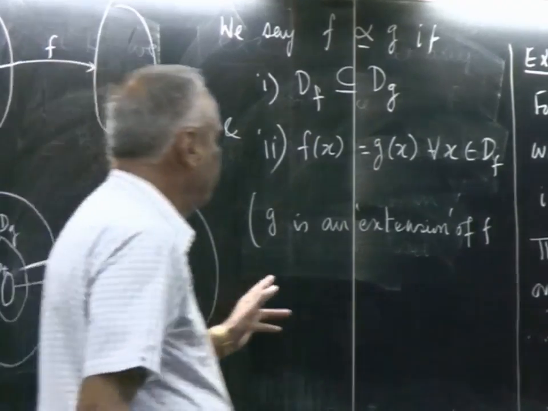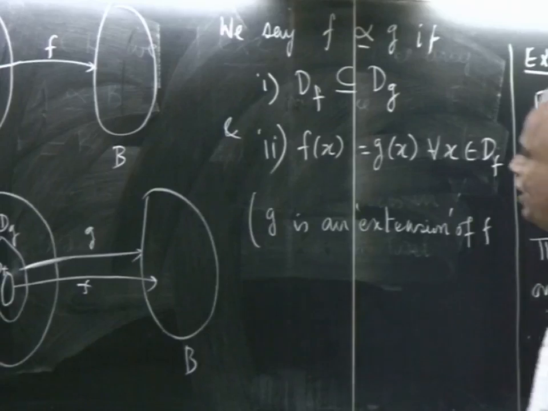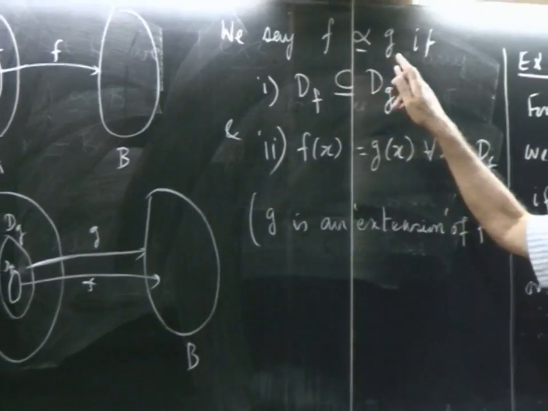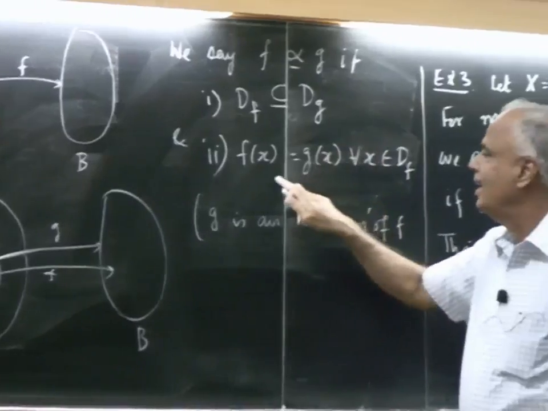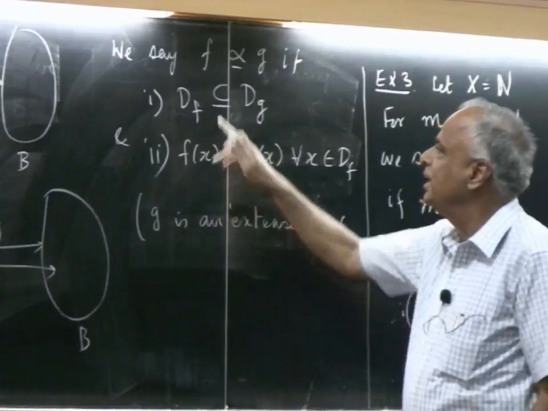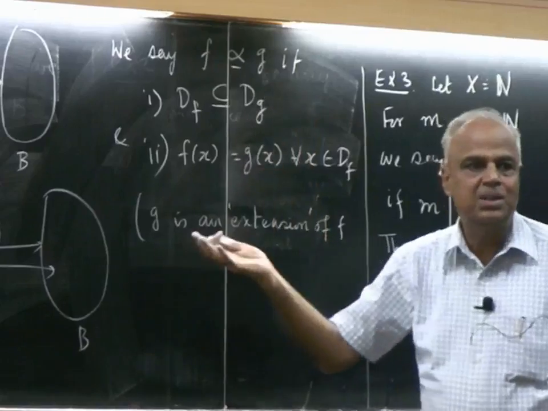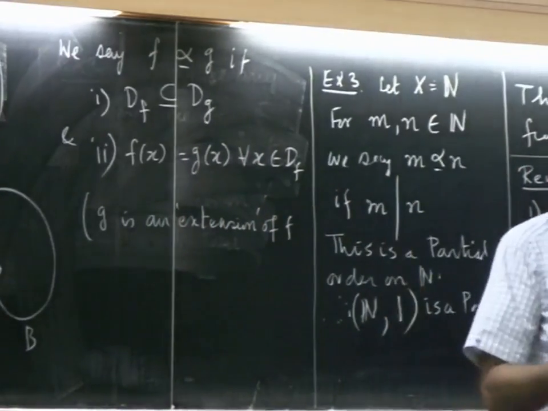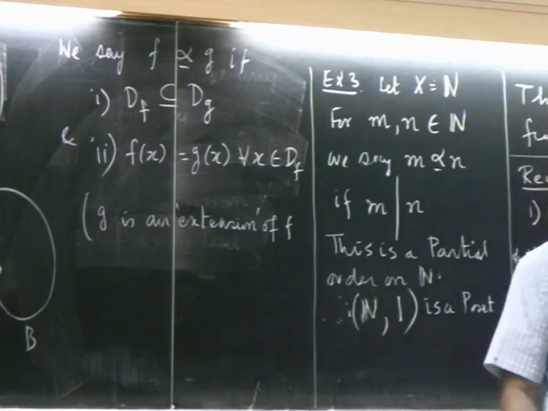Now, verify that this is a partial order. See, first of all, f is less than or equal to f because D_f is contained in D_f, and this is obvious. And then if both are satisfied, then D_f and D_g are the same and the values are the same, and therefore the functions are the same, and transitivity is automatic.